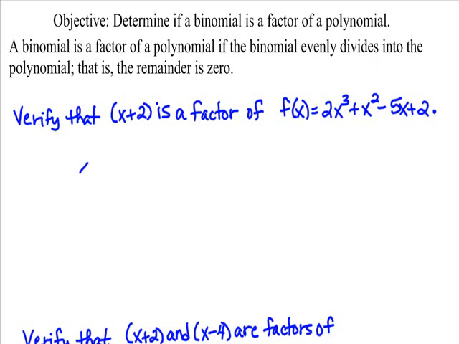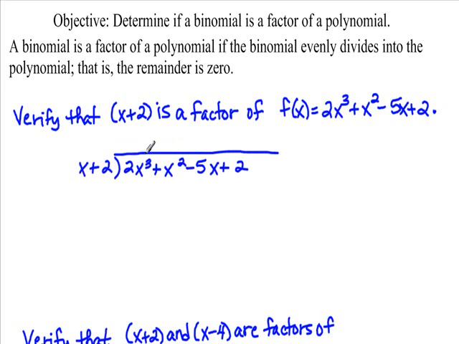So if we look at dividing x plus 2 into 2x cubed plus x squared minus 5x plus 2, let's see what we'll get. So we say x goes into 2x cubed, 2x squared times. 2x squared times x is 2x cubed.